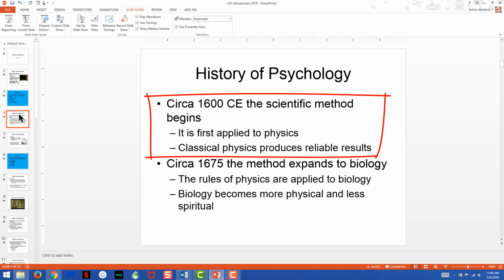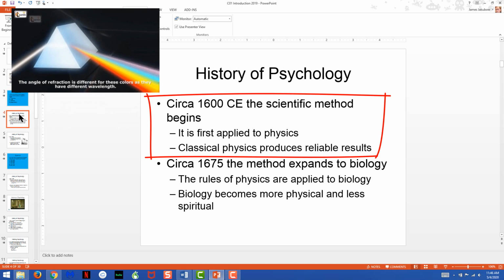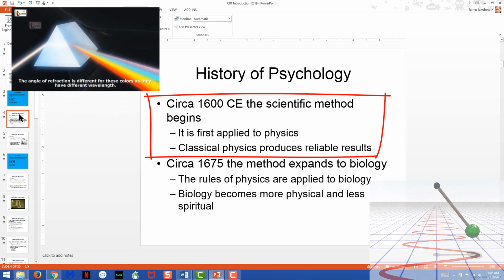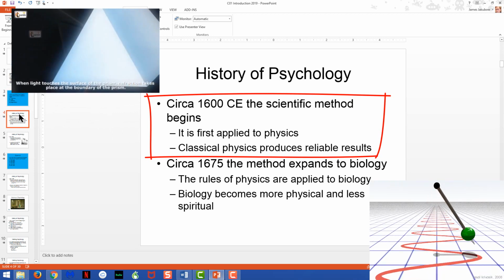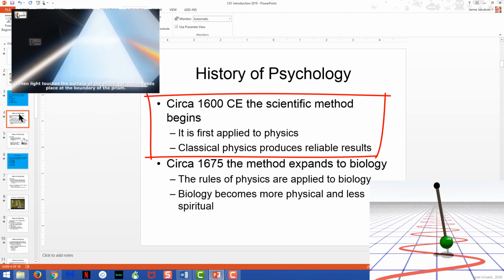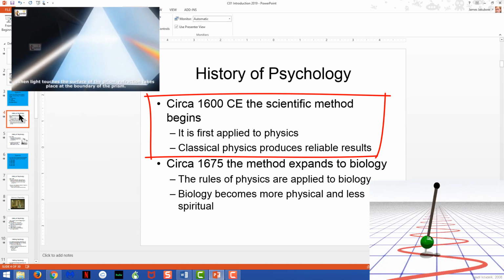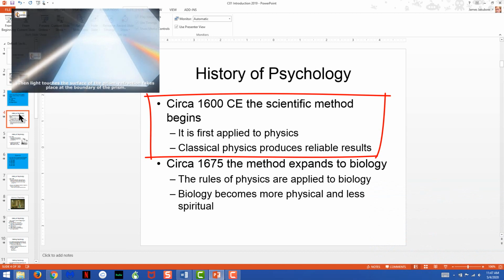It starts in physics largely because what we call today classical physics, like light going through a prism, swinging a pendulum, shooting a cannonball from a cannon, all those things have very consistent and reliable effects.